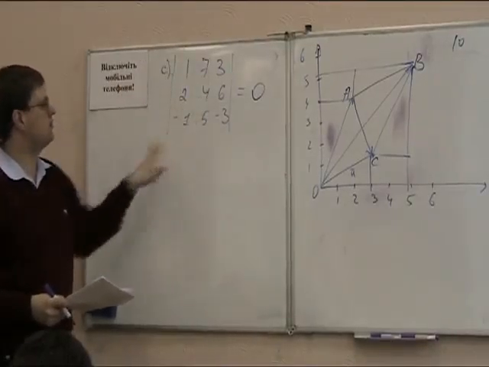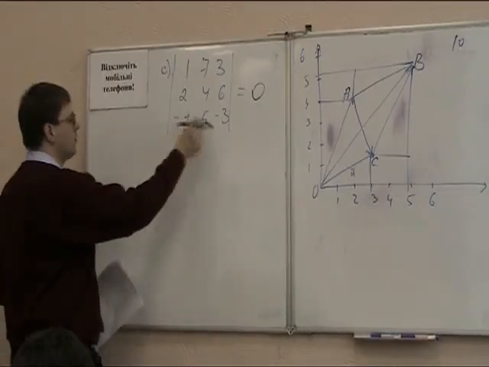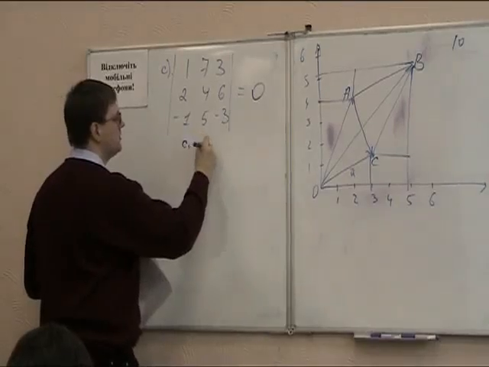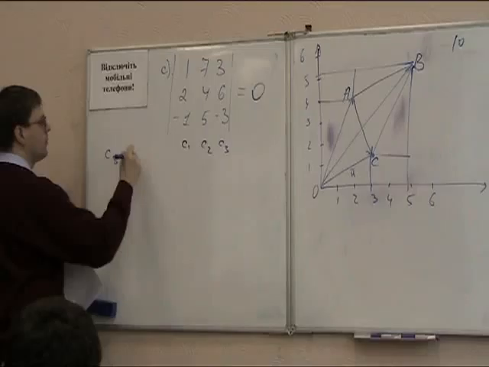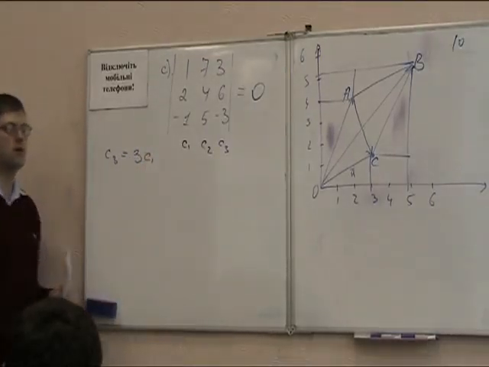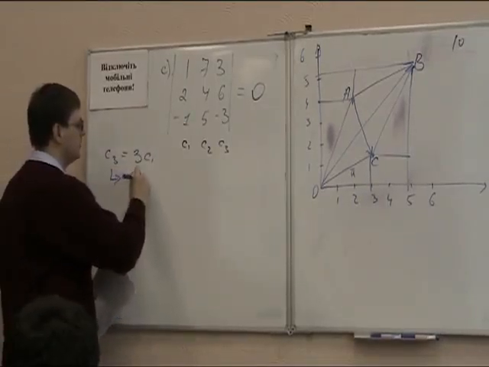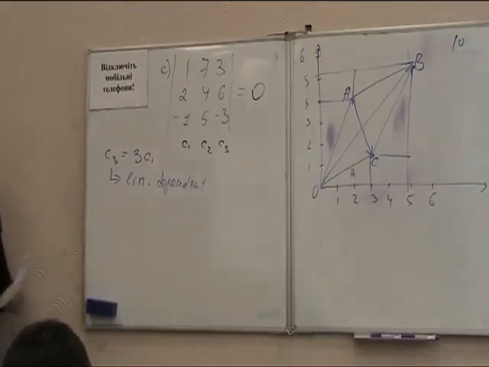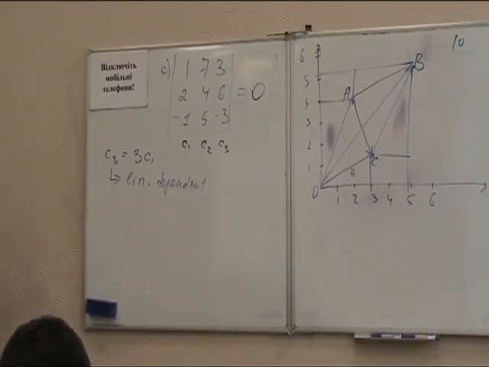Because yes, you can use Sarrus's rule, you can use the rule of triangles, or whatever rule you can, but actually you can see that this matrix consists of three vectors, C1, C2, and C3. And you can see that C3 is equal to 3 times C1. Which brings us to linear dependency. That means they are linearly dependent. And since they're linearly dependent, this determinant is exactly 0. So this is again something from recollection theory.